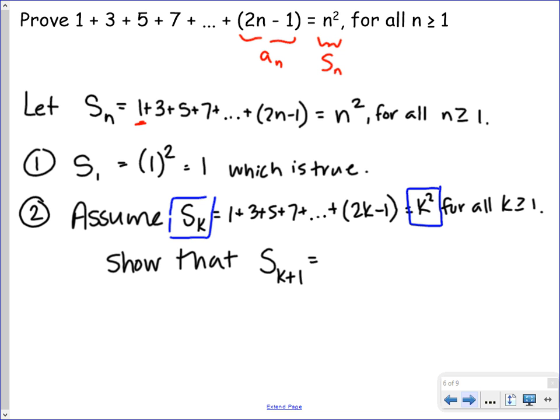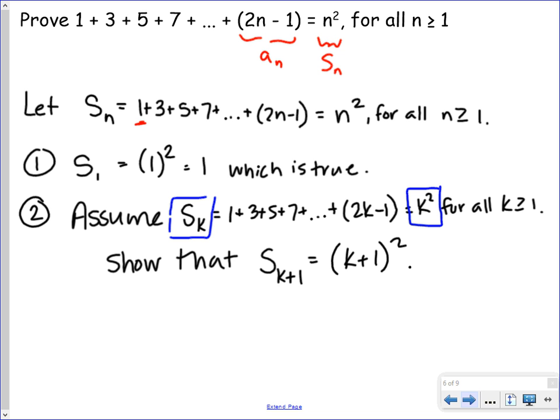K plus 1 squared. Show that. If you can show me that the sum of the first k plus 1 terms is k plus 1 squared, then you'll have shown me that the truth of s sub k implies the truth of s sub k plus 1, and therefore creates a domino effect. Okay.